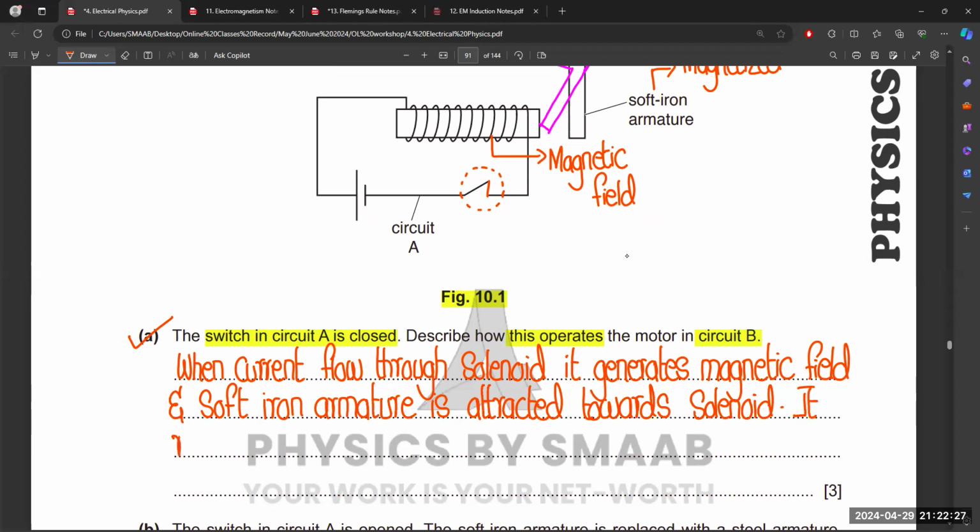It rotates about a pivot point and contacts in the other circuit join, and current starts to flow.